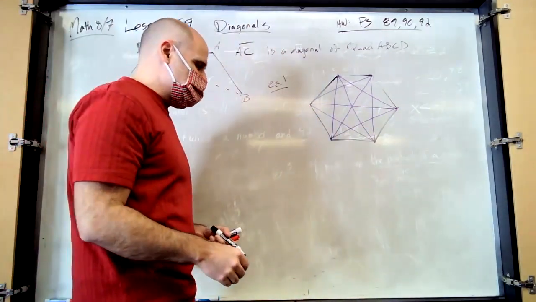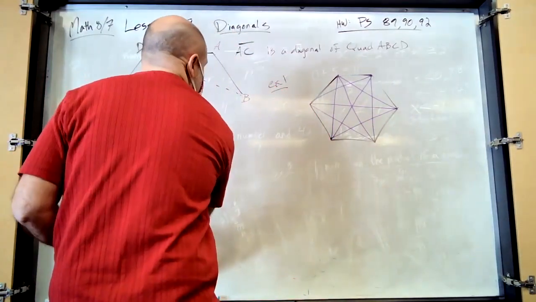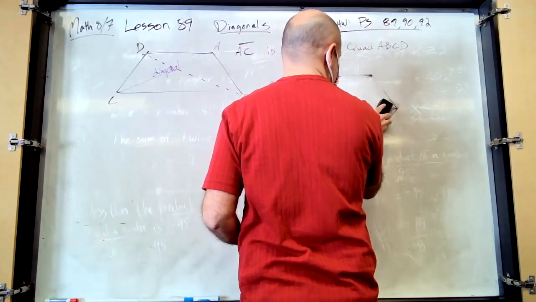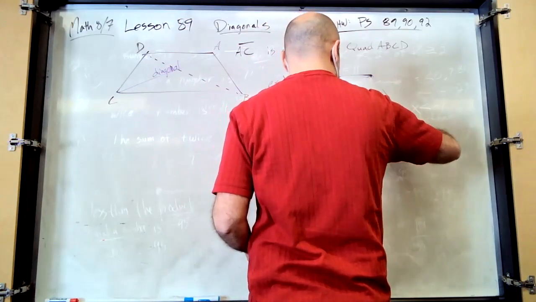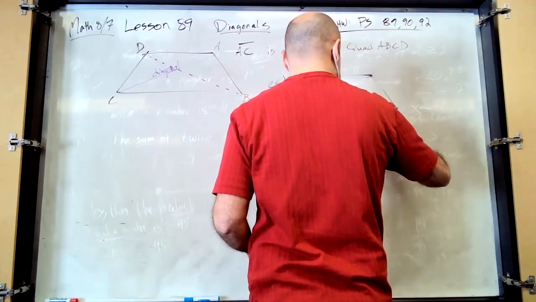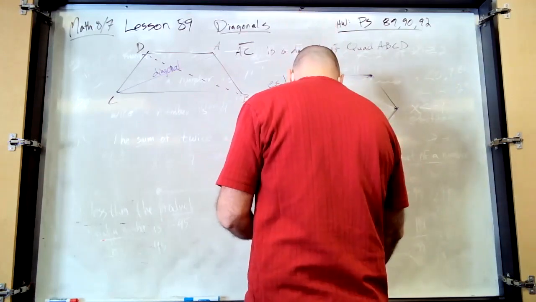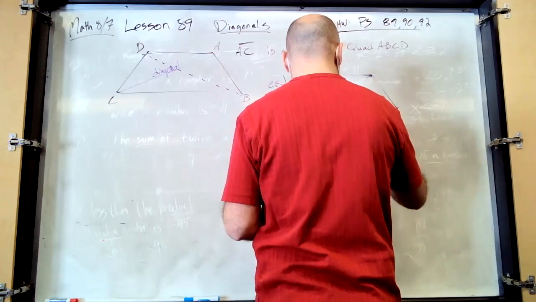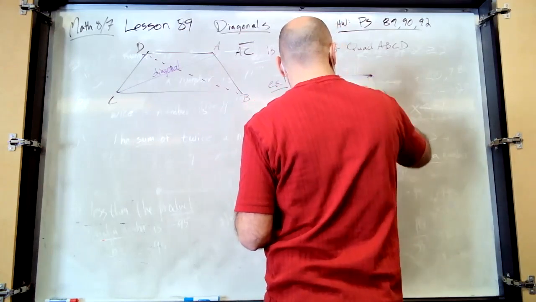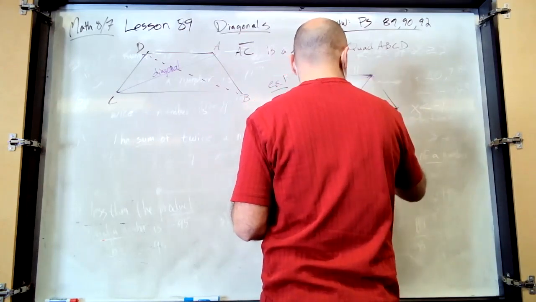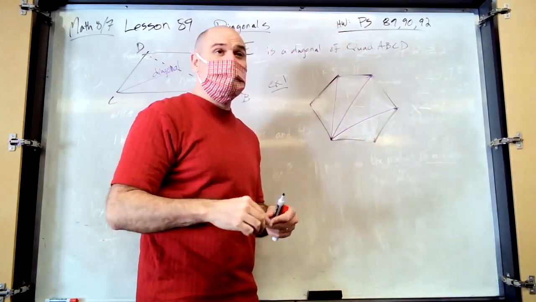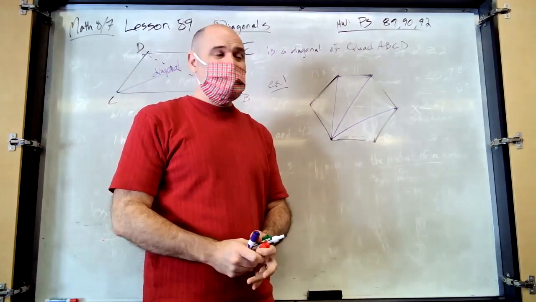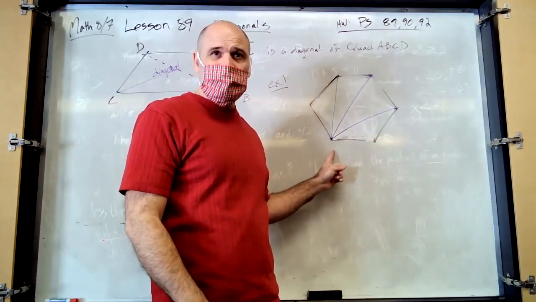But if you just do it from one vertex, it makes sense that you can only draw three, because if there's six total vertices, six corners, you can't draw one to itself, right?